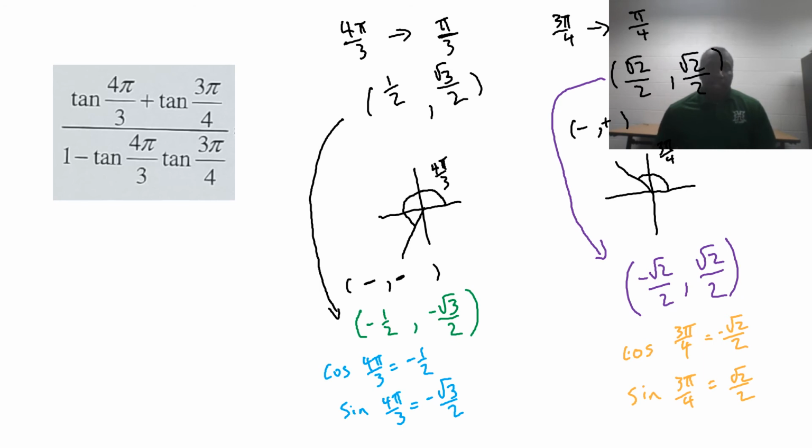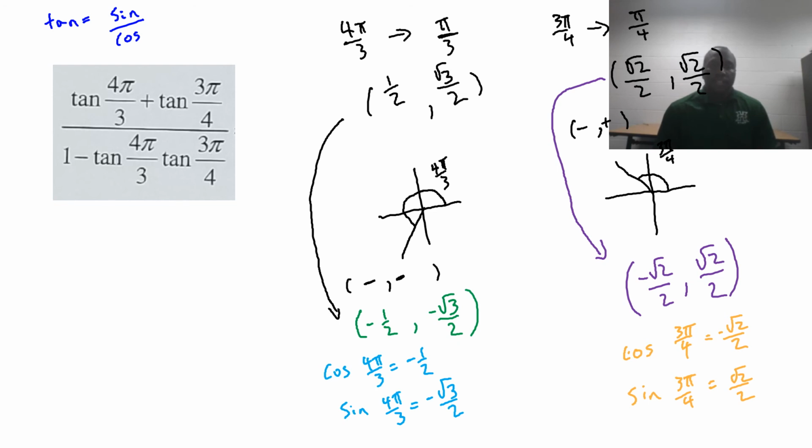Oh, I forgot something. Again, it's late when I'm making this, so excuse the mistakes. We know we're dealing with tangent here. Tangent is sine divided by cosine.